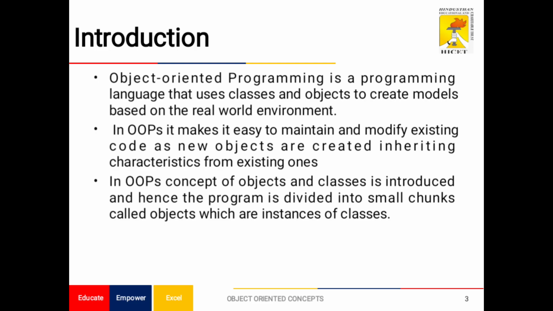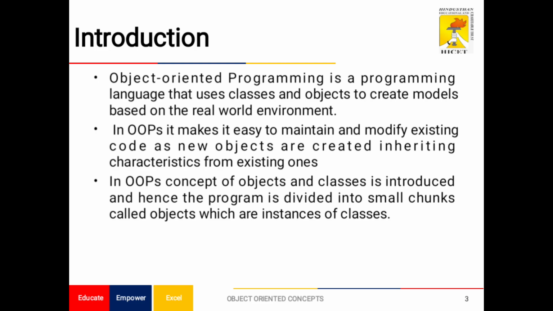Example: if I have an animal class and a class as dog, for this dog I can create an object, say A. By using A I can call the dog.